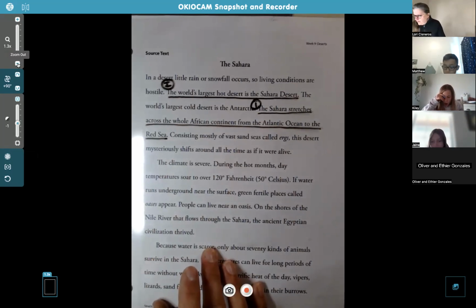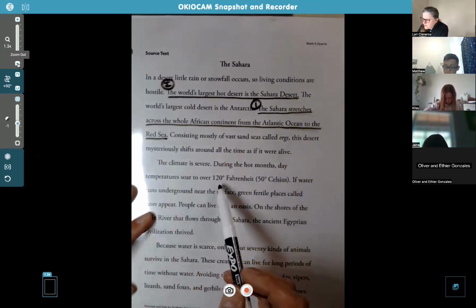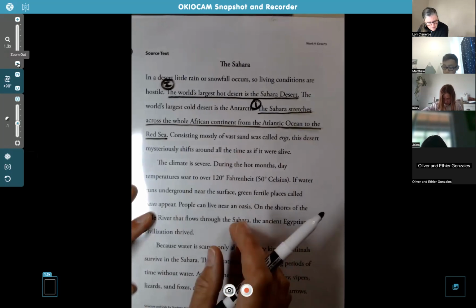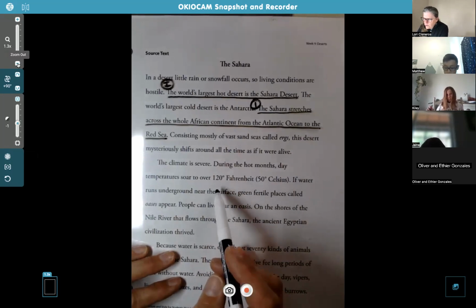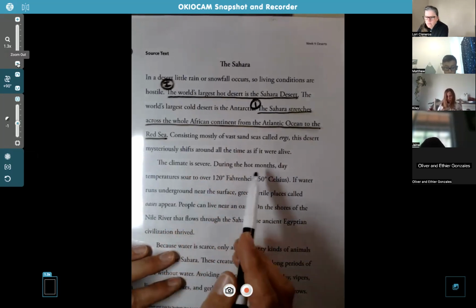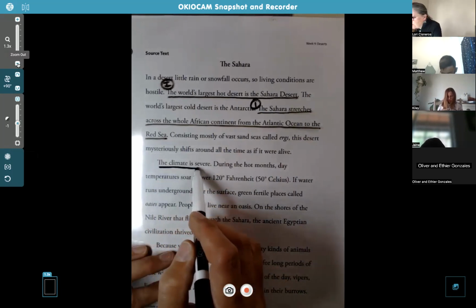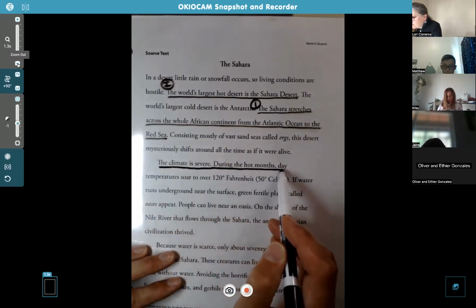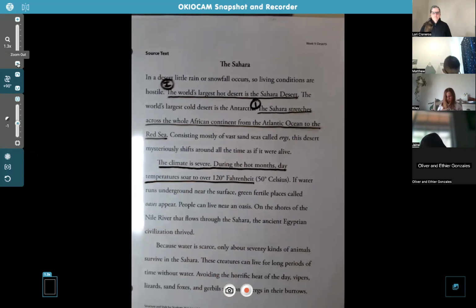So looking at more information, I think I'm going to move down here. I remember this talking about the 120 degrees Fahrenheit. That's crazy how hot that is. So I think that would be interesting to include in my report. So I'm going to skip down here. There's 2 parts to this. I'm going to underline the climate is severe, and then I'm going to keep going and underline all the way to Fahrenheit.